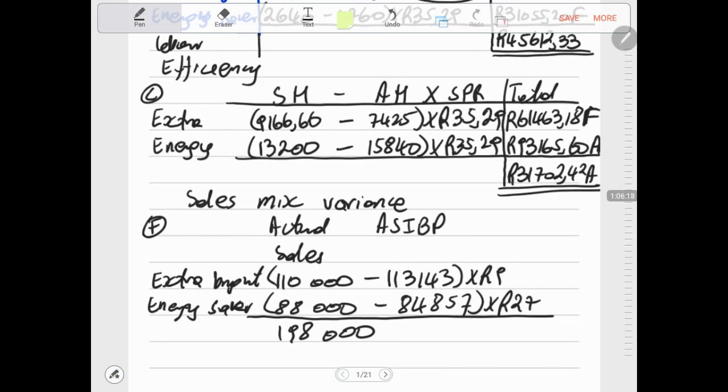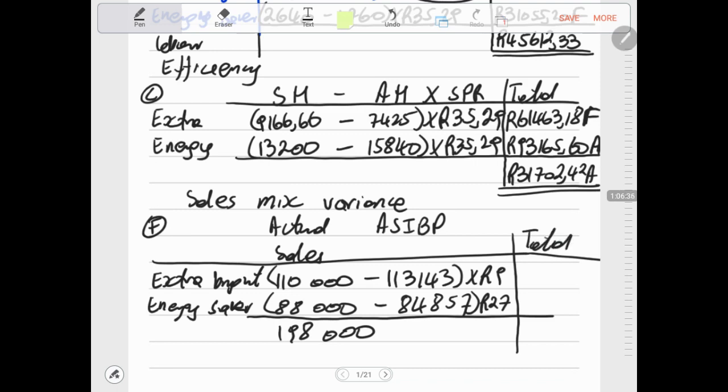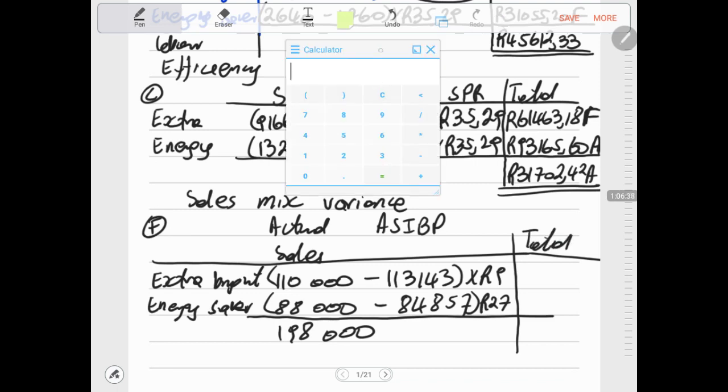With that being multiplied, I have very limited space there, just to say 27. Then we will need the total column for the two variants.